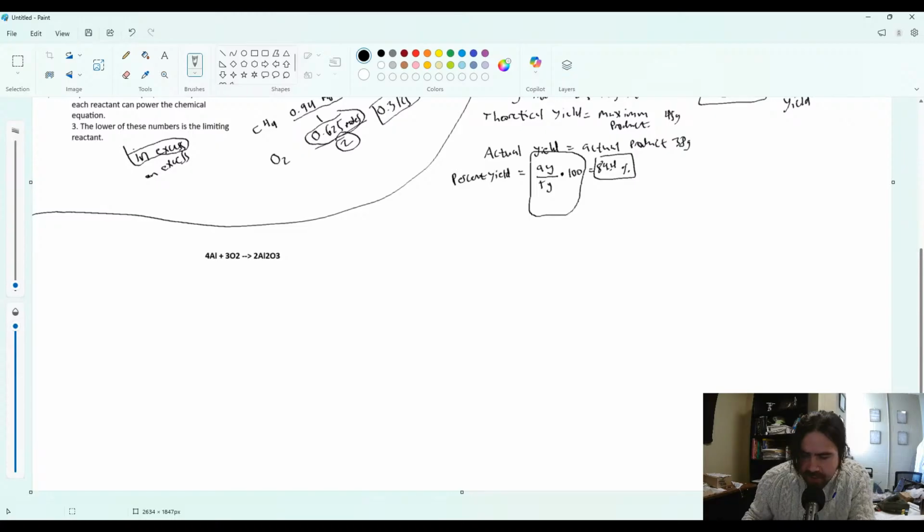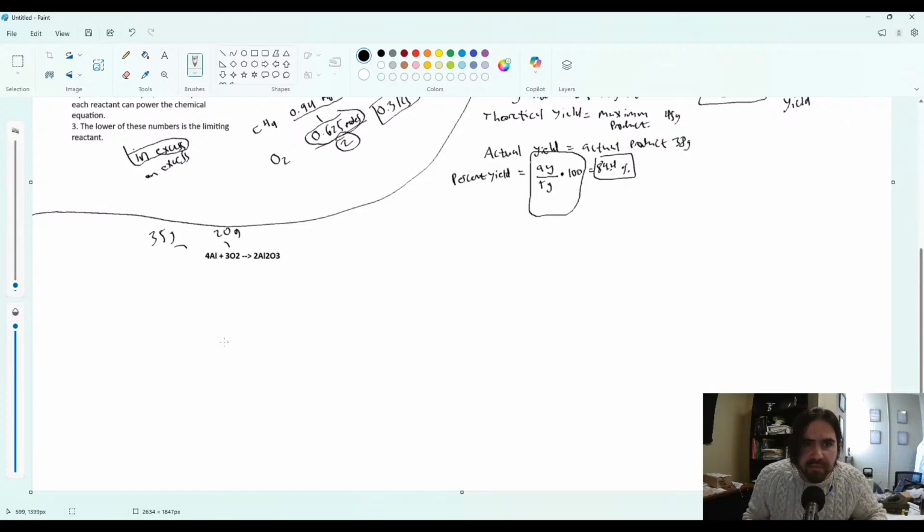Okay, so let's say then that I have 35 grams of each. 35 grams of aluminum, and then let's say 20 grams of oxygen. I was thinking of having them be the same, but I think this might be more fun. Let's do it that way. Okay, and so now the question is, what is the theoretical yield of aluminum oxide?